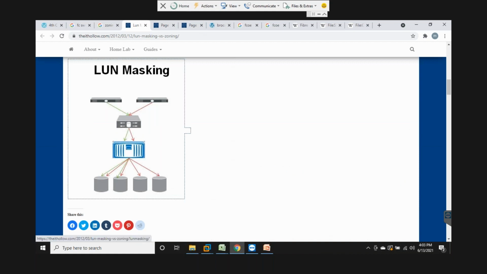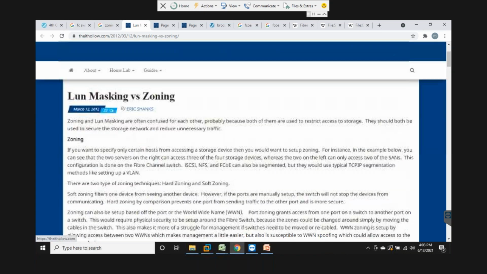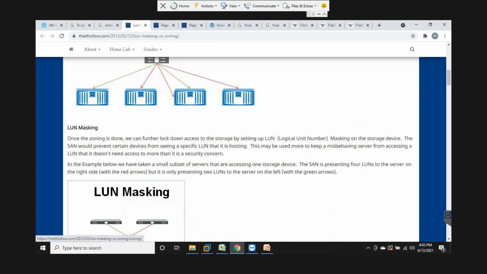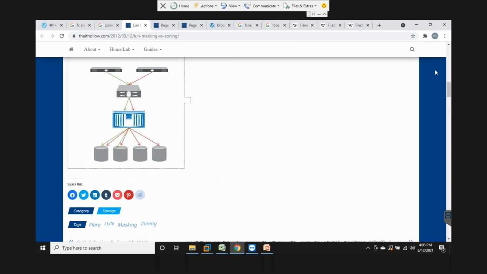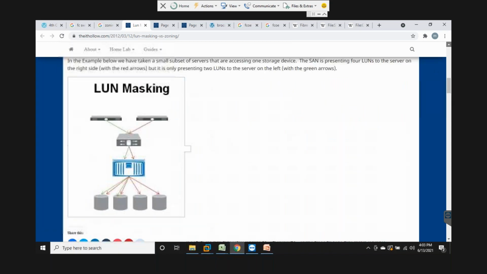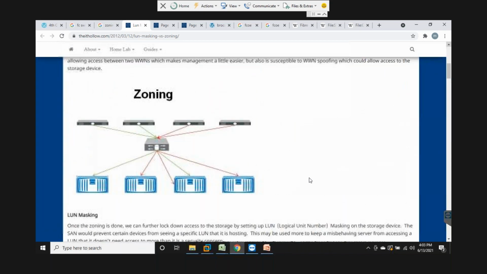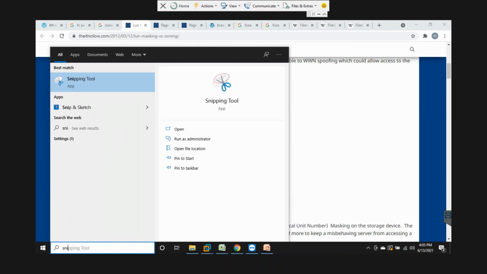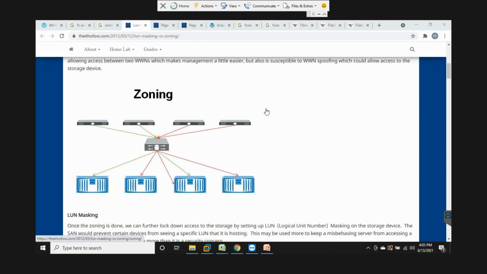Oh, there is something wrong. No problem. Let me make it easy for you. So zoning and masking is a technique which is done by our storage team to provide the access.